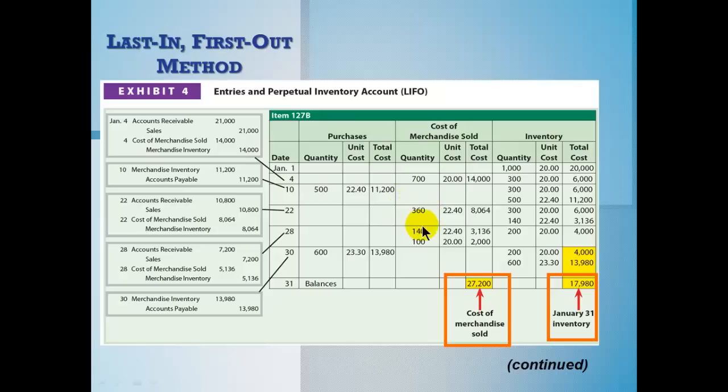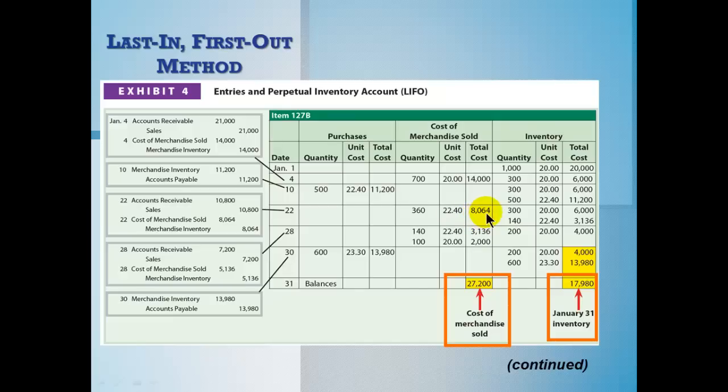So the most recent layer I have to pull from is the 500 units at $22.40. So this 360 is all coming out of this layer at $22.40, and that's what I'm going to charge to my cost of goods sold, $8,064.